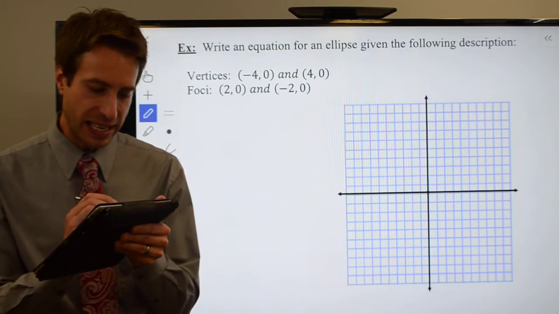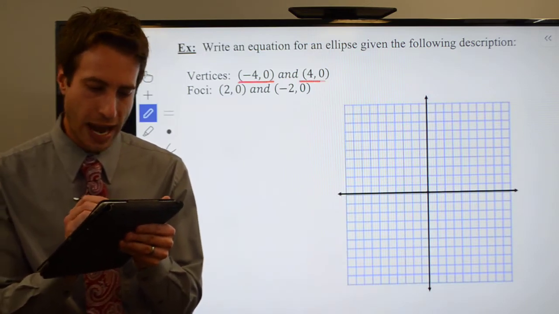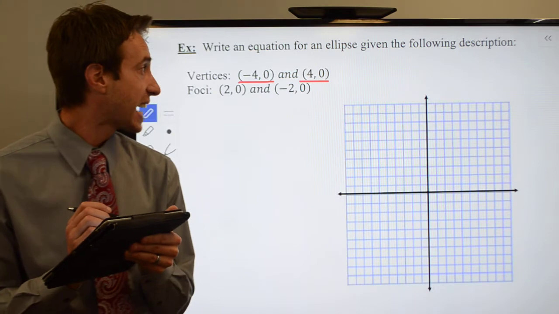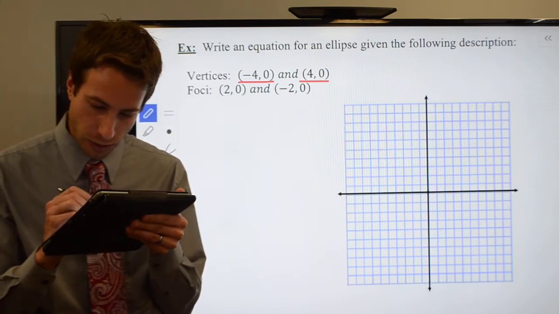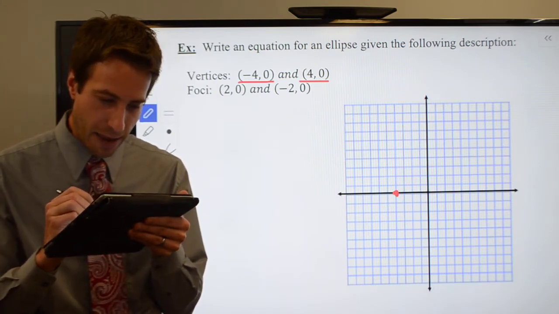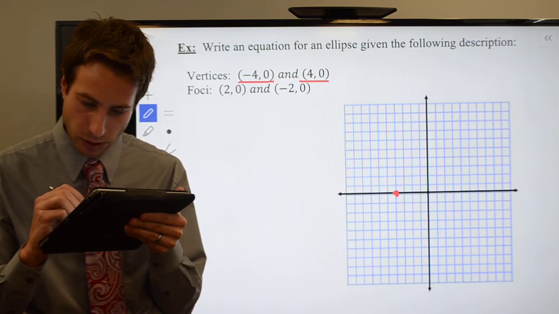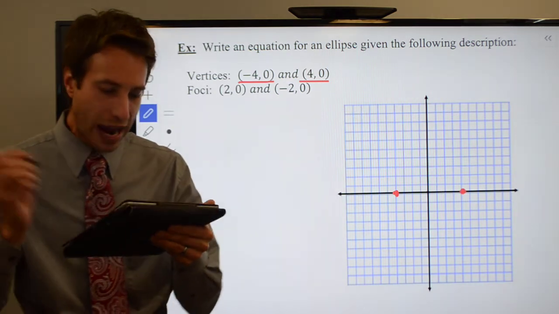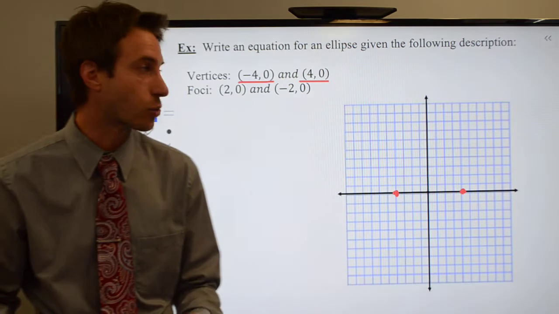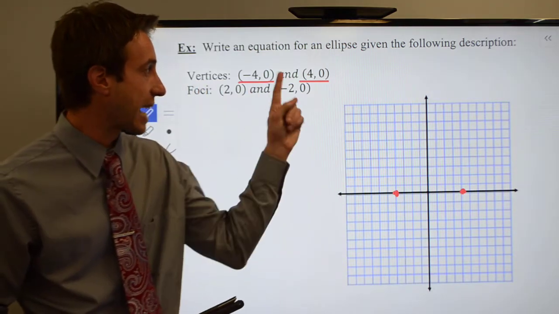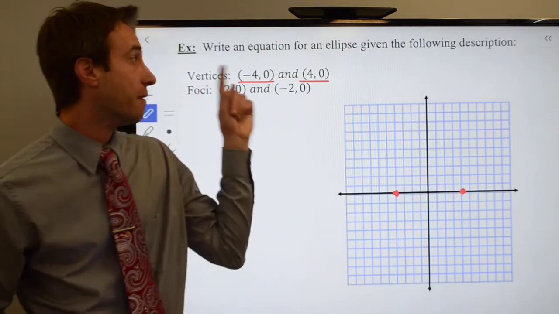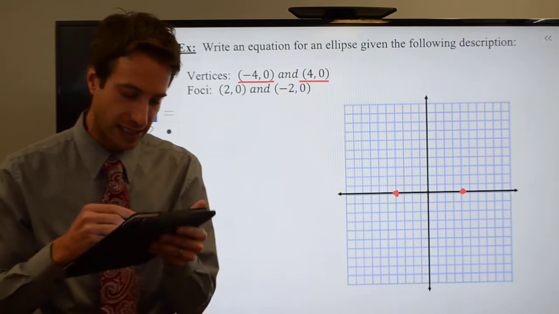Once again, I have been given vertices, so we'll go ahead and graph those vertices. X is negative 4, 0, 1, 2, 3, 4, 0, and positive 4, 0. And so right away, again, we saw this in the last one, because I'm going negative 4 on the x and positive 4 on the x, vertices are the major axis. Here's what I know.